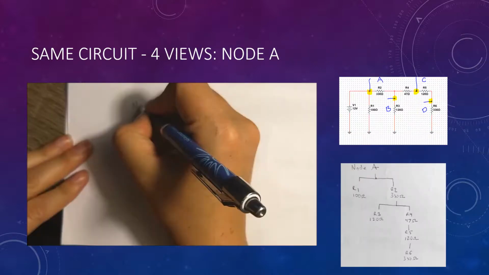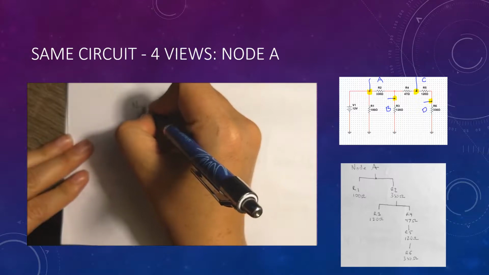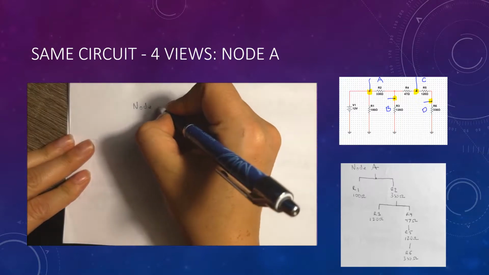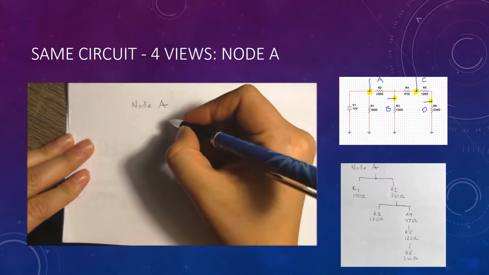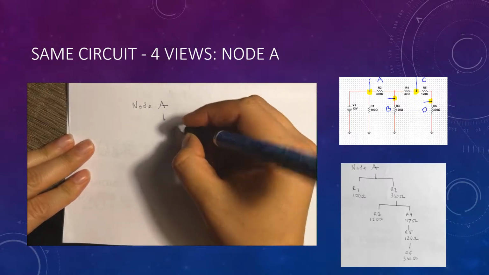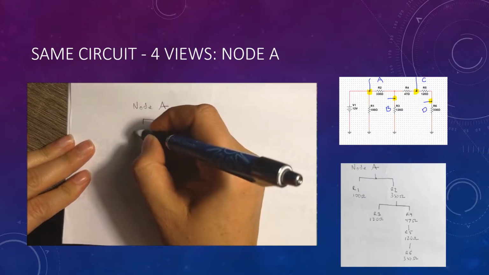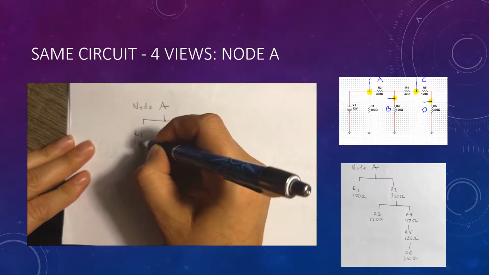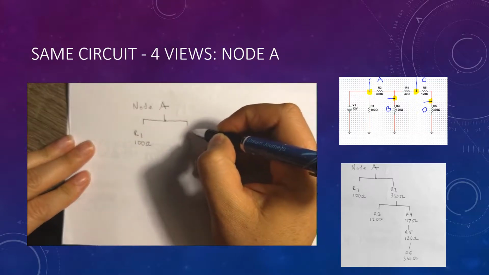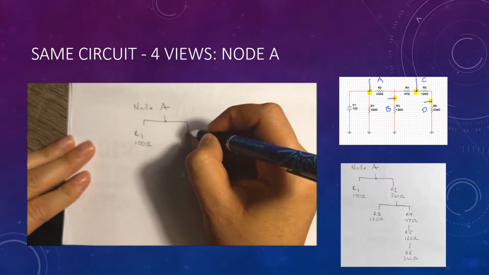So starting with node A, we want to redraw the circuit so we can find the Thevenin resistance. For node A, we begin and notice that we have two branches: R1 at 100 ohms and R2 at 330 ohms.